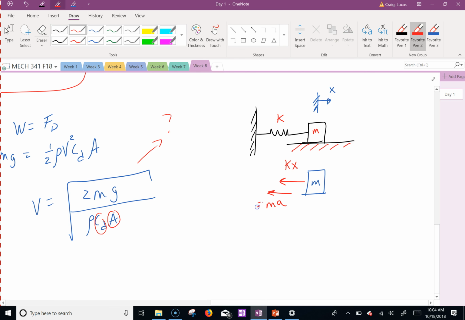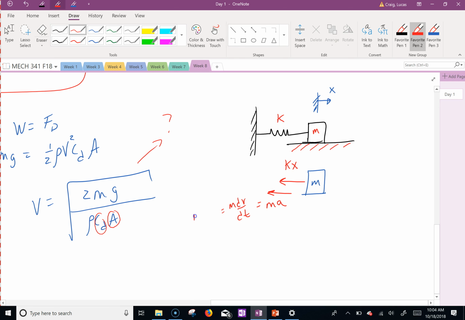What's another way you can write a? Not eh, that'd be Canada. Okay, only a few people got it. What is it? dV/dt. So acceleration is the first derivative of velocity.